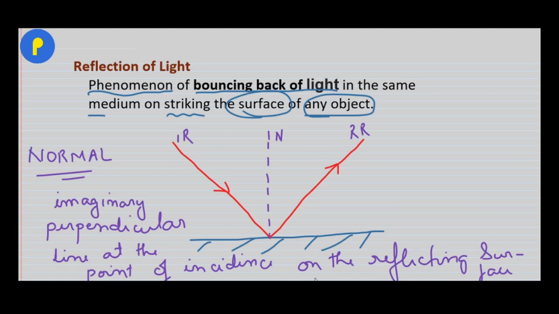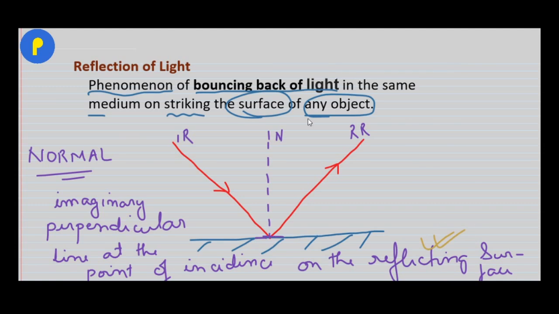So even though I've written it down, what it means is that a normal is the imaginary line, this one, which is perpendicular to the surface, the reflecting surface.